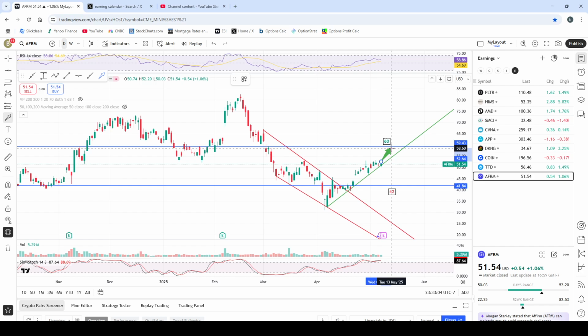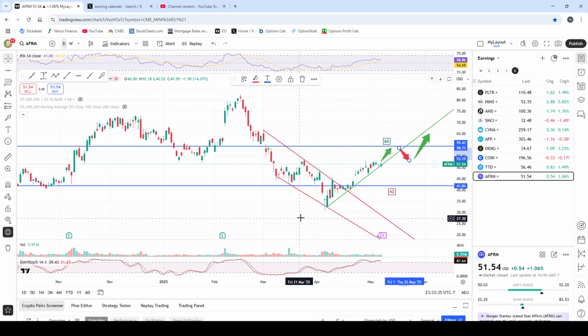So I think it's going to do this, and then it will come back and do this. And if it's good news and other things, including the consumer condition, it's going to do that.